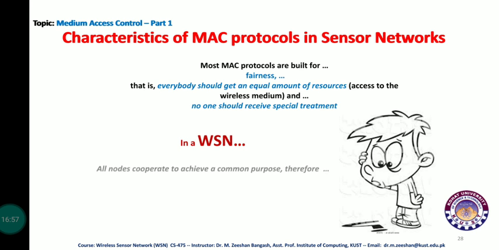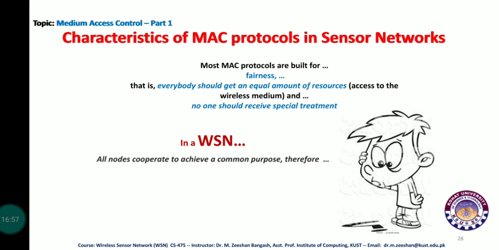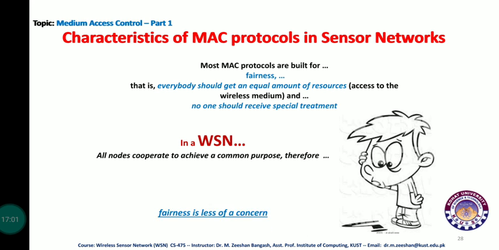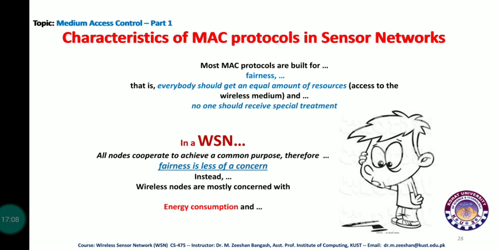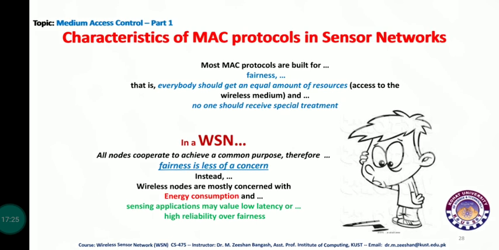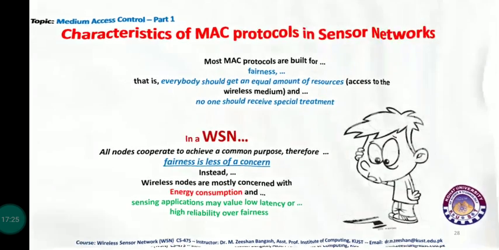However, in a WSN, all nodes cooperate to achieve a common purpose, and therefore fairness is less of a concern. Instead, wireless nodes are mostly concerned with energy consumption, which is a very important consideration, and sensing applications may value low latency and high reliability. These are some of the challenges for wireless sensor networks when considering MAC protocols.